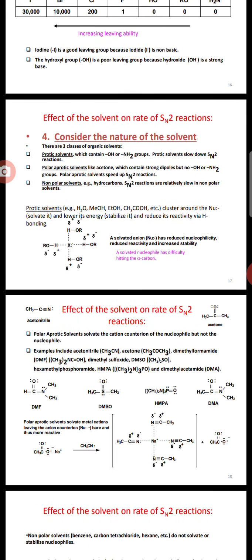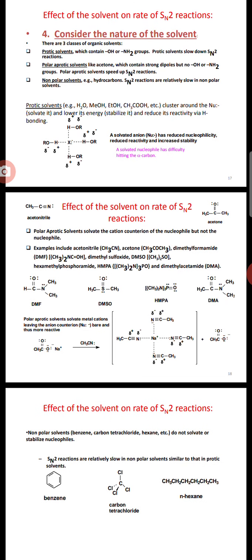These are examples of aprotic solvents. Polar aprotic solvents solvate the metal cation, leaving the anion bare and more reactive compared to the protic ion.